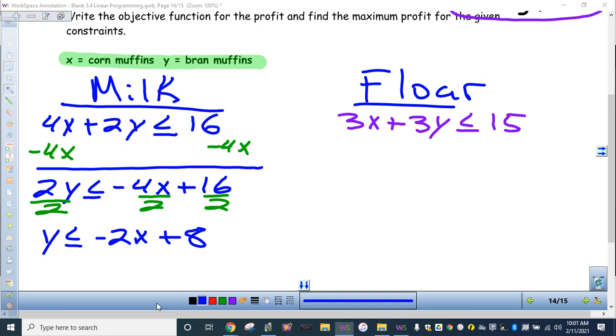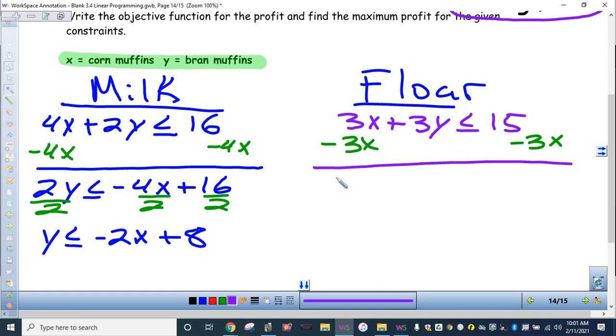Flour problem, subtract 3x, divide by 3. So we get 3y less than or equal to negative 3x plus 15. Last step, just divide by 3.